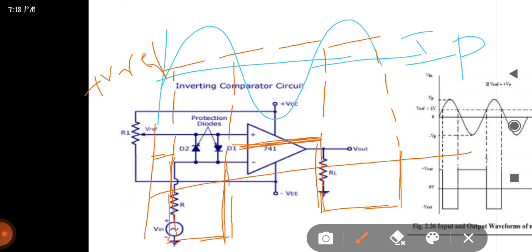Positive half cycle, it is negative. This is the graph of the inverting comparator, and one more, the negative comparator.